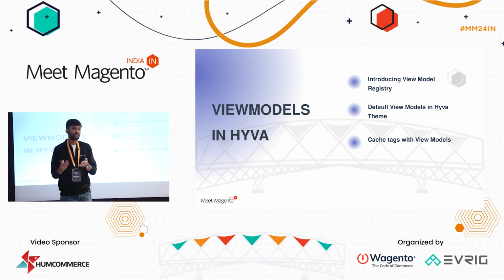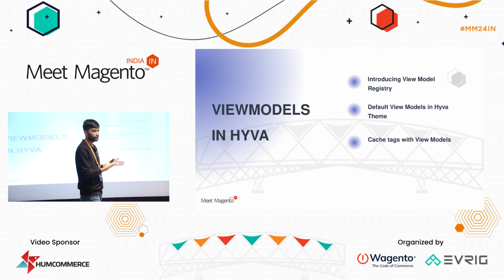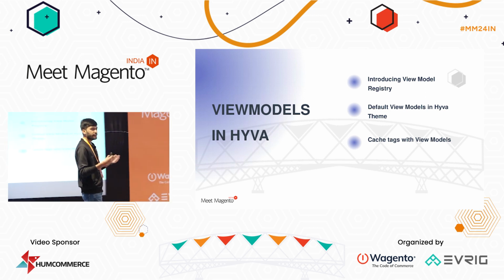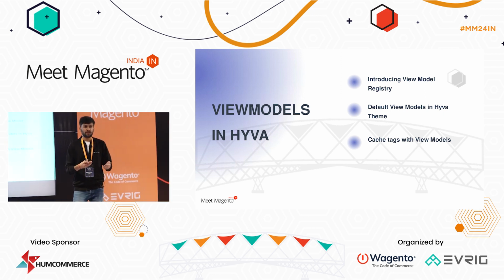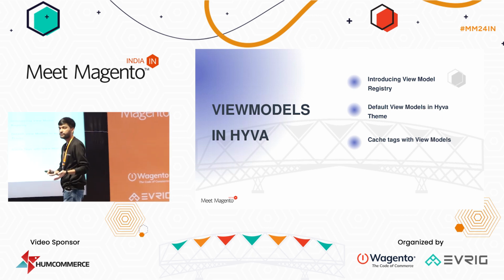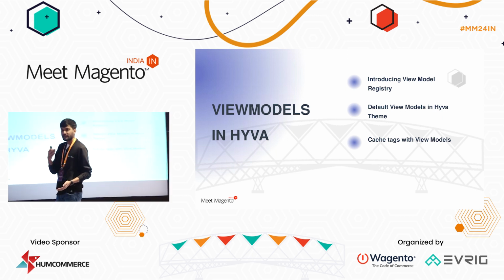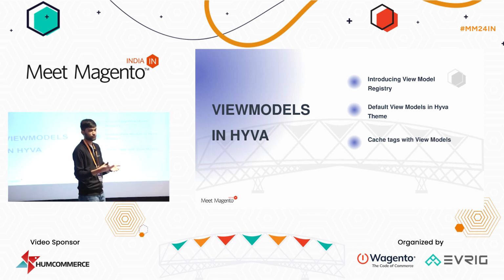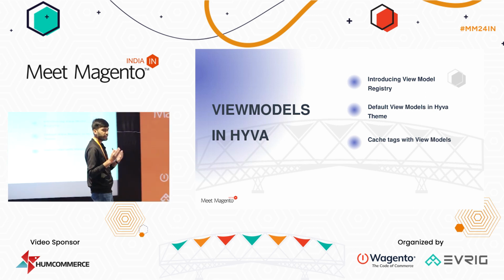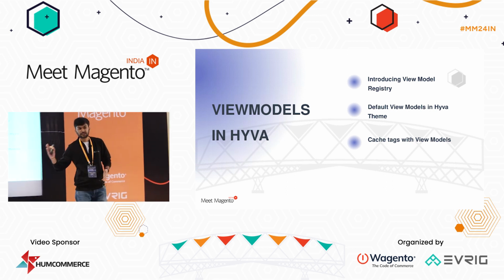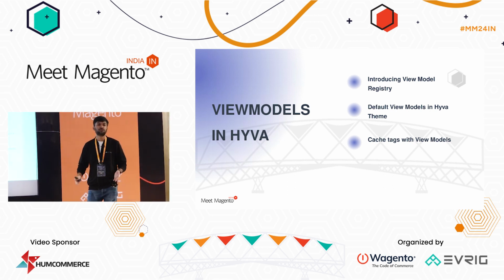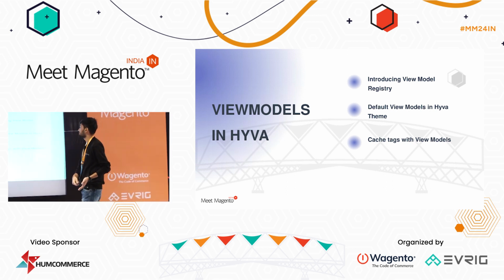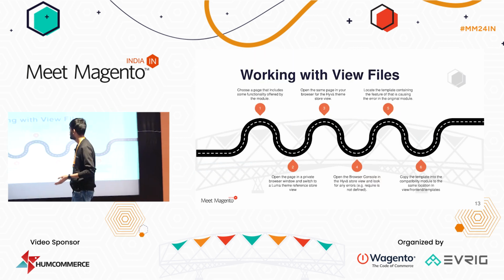You just implement that in the current view model and return all the identities that entity could have, and that will automatically be added to the X-Magento-Vary that is used for caching. So now your caching will also work just fine.